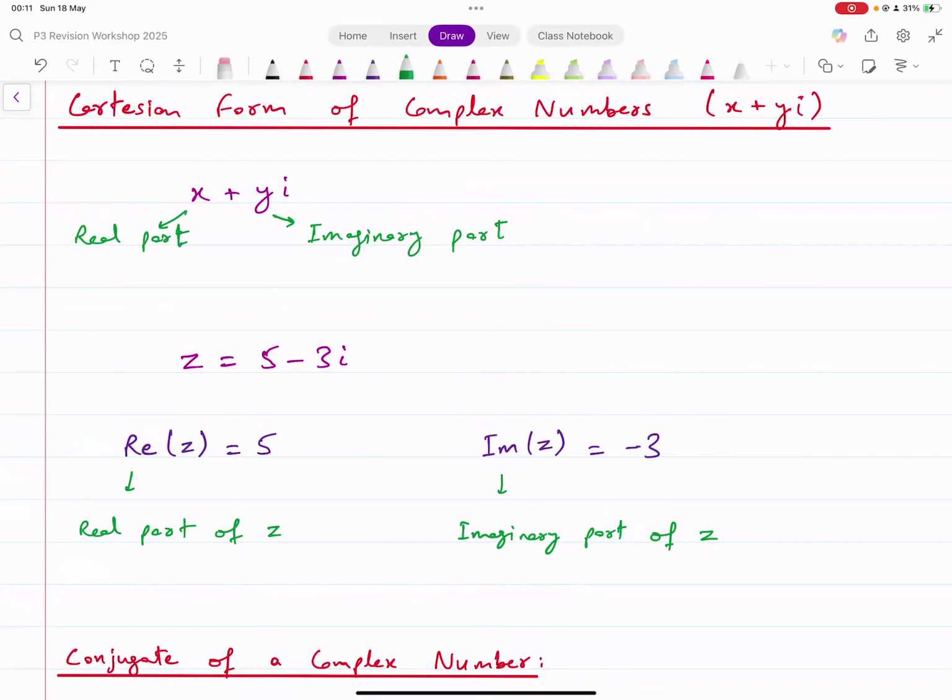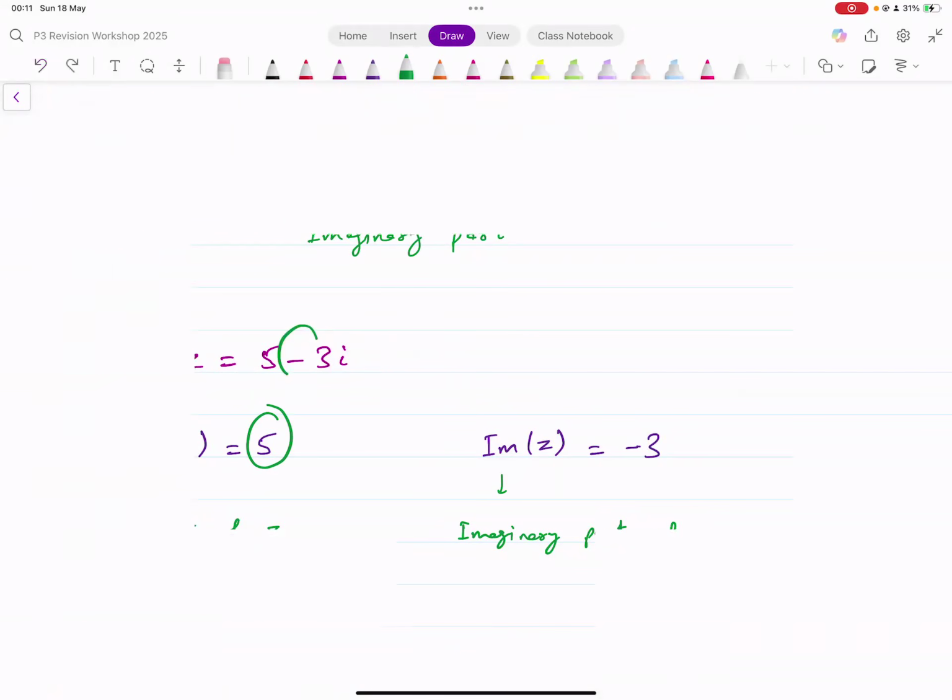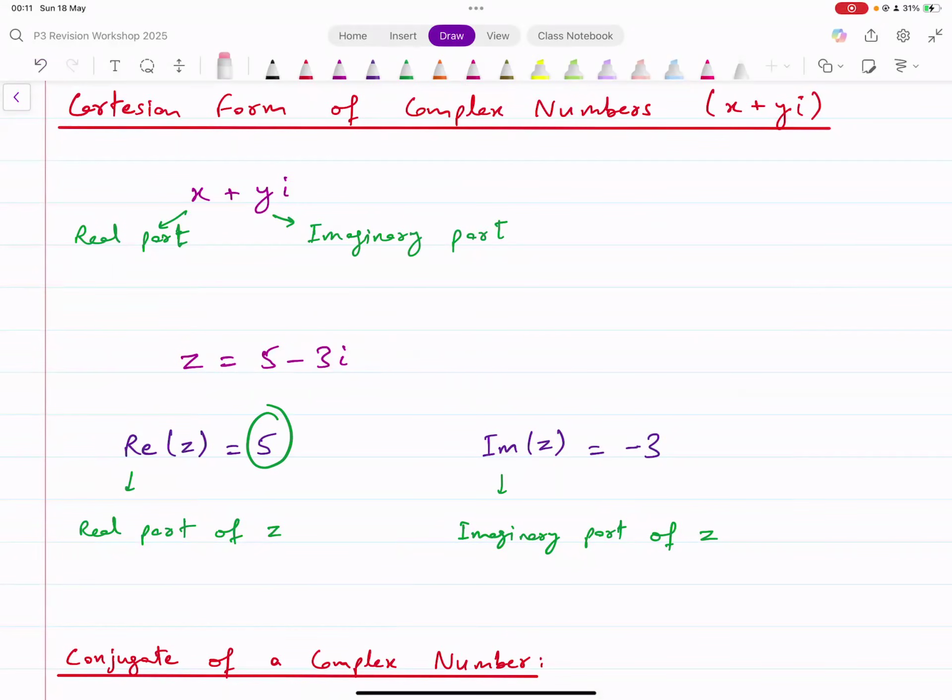There's some notation that you need to know about. If they say Re of z, that means the real part of z. In this case, if the number z is equal to 5 minus 3 iota, the real part of z is equal to 5, and the imaginary part of z is -3, right? So imaginary part already incorporates that it will have an iota with it.